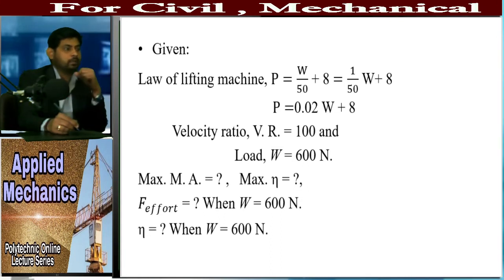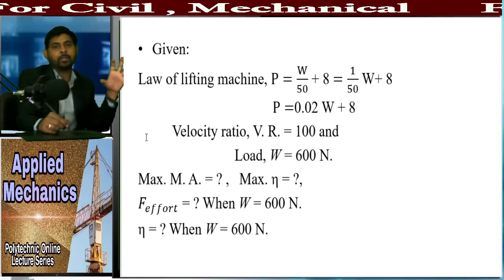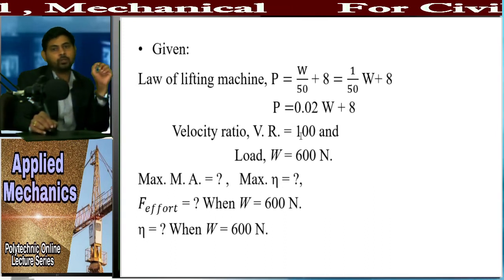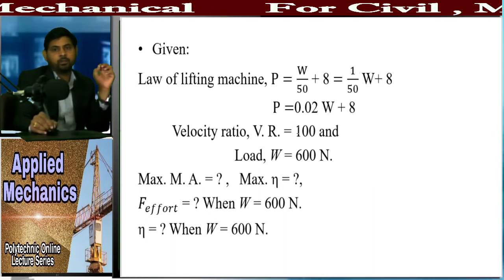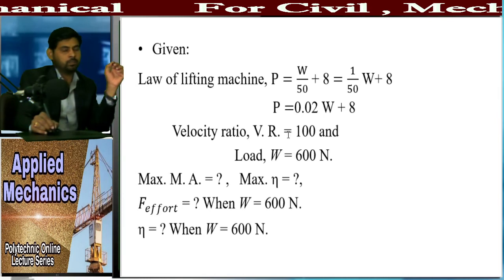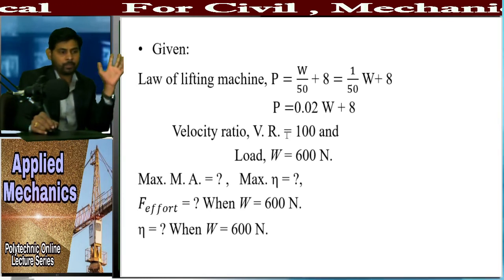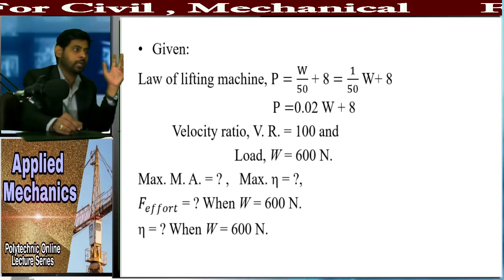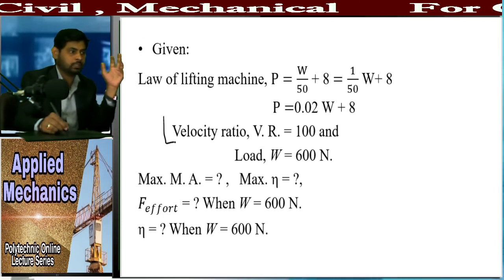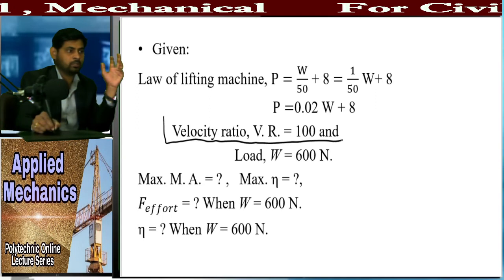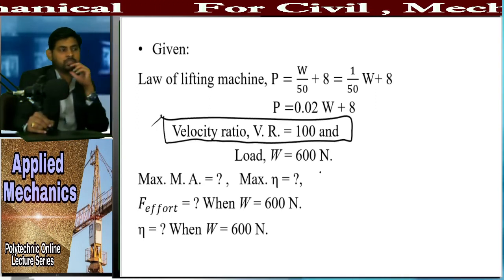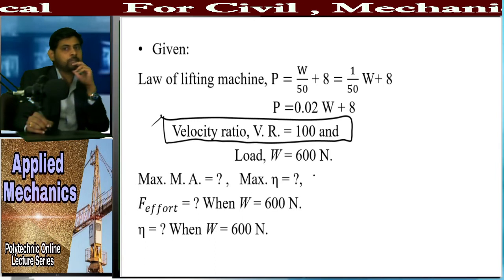You can see here, most of the previous problems always gave us the value of velocity ratio. In all the problems we saw earlier, the value of velocity ratio was compulsorily given, right? Here you see, in all problems they gave the velocity ratio's value.